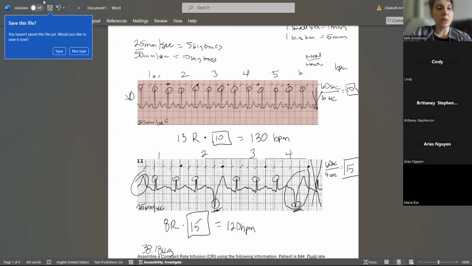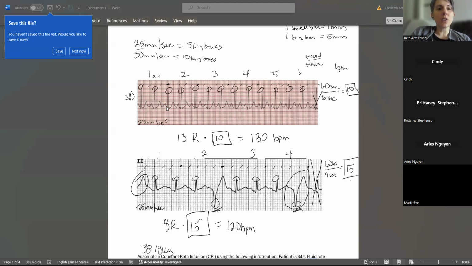What would you say is the rhythm on this patient? Do we have a P wave for every QRS? On the red one, yes, pretty much. There's a P wave there, right?